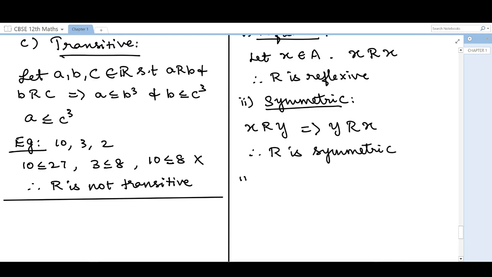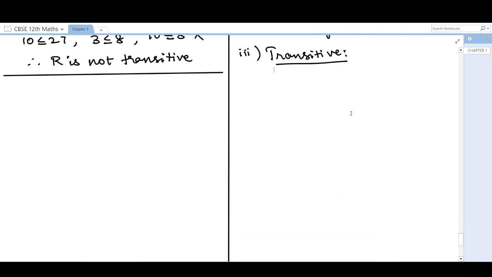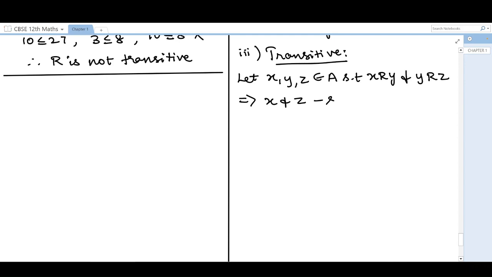Third one is transitive. Here we have to consider three elements from the set A. Let X, Y, Z belong to the set A such that X is related to Y and Y is related to Z. That is, X and Y will have the same number of pages and Y and Z will have the same number of pages. From this, we could conclude that X and Z will have the same number of pages.